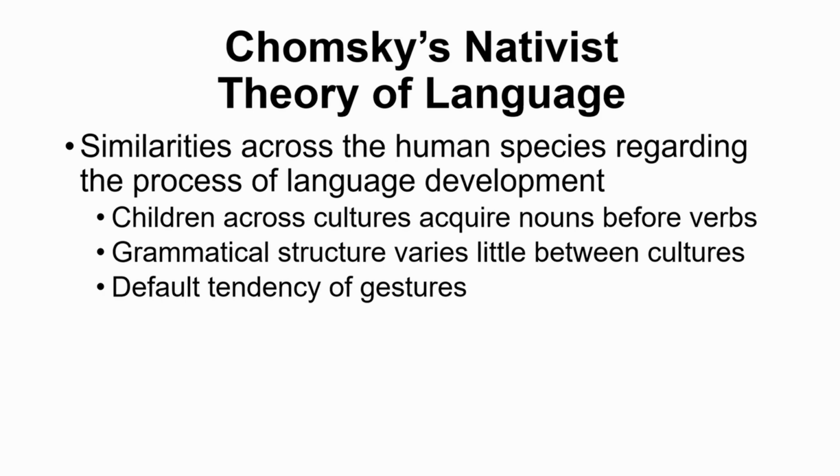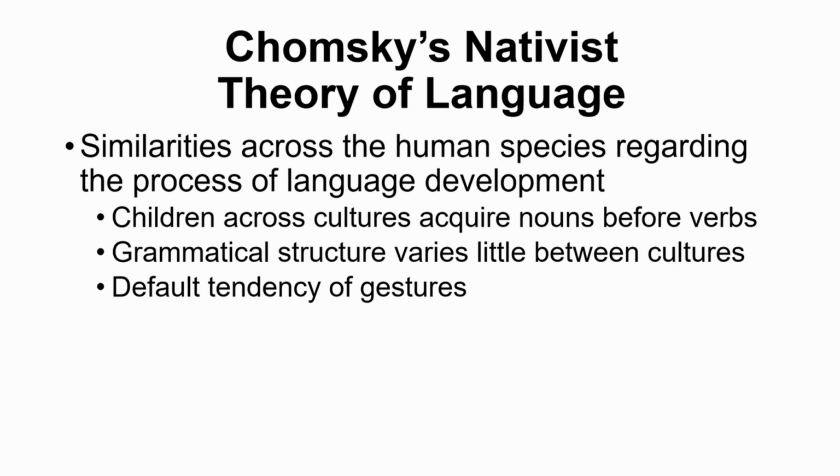We also see some consistencies in grammatical structures across cultures. So the rules for how things are combined, we're going to have similar types of rules regardless of the language. As we've mentioned before, though, the rules themselves, the specific application might be slightly different. The consistency that we find is that each language has a rule.